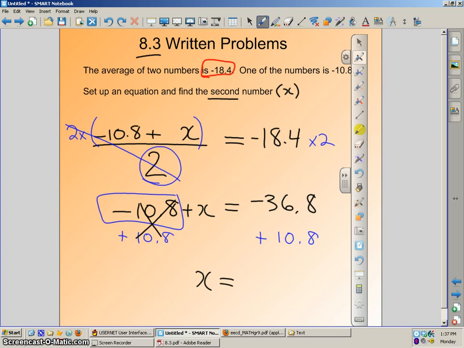And we have negative 36.8 and positive 10.8, and that should be negative 26.8. So the other number was negative 26.8. Okay? So remember, the setup is the two numbers. So the one you know, the one you don't know, divided by 2 equal to what their average is.